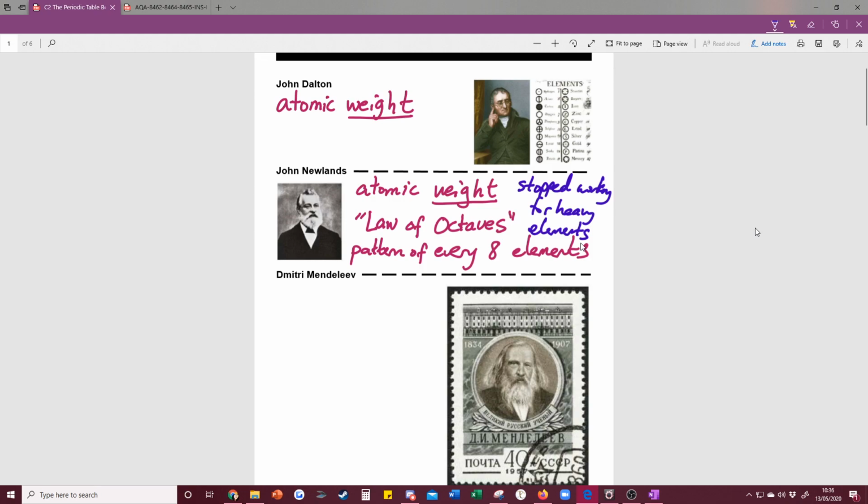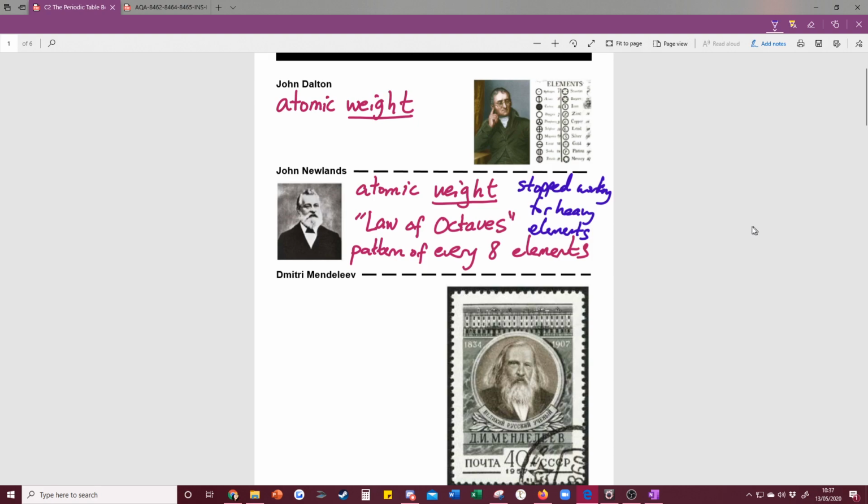So when he organized them by weight and said that there is a pattern, of course it's going to stop working, because there are elements that are missing from what he knew about. It stopped working eventually because there were elements there that he didn't know of that would have fit the pattern if he only did what Dmitri Mendeleev did.